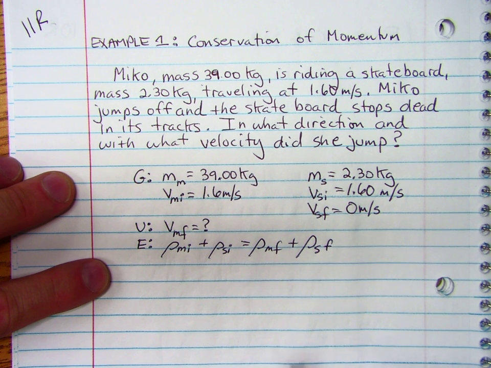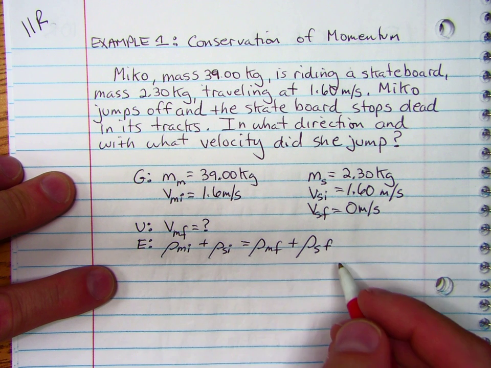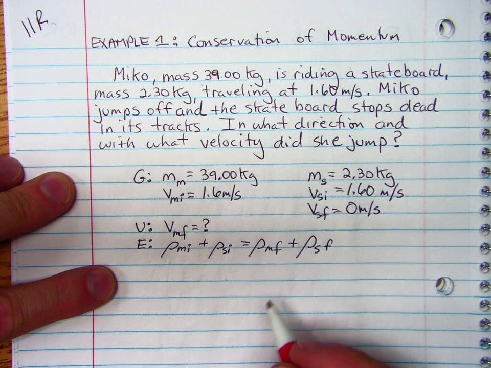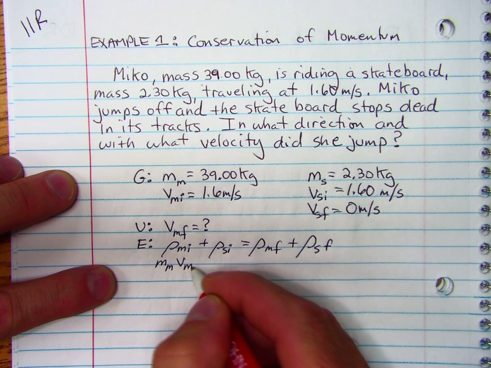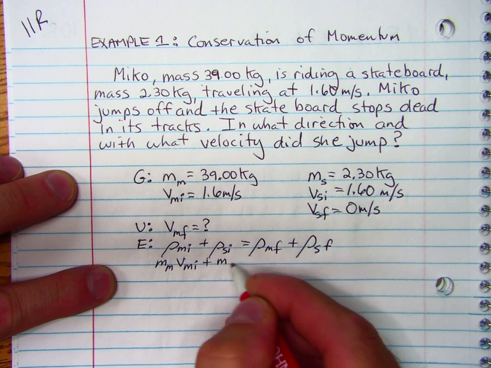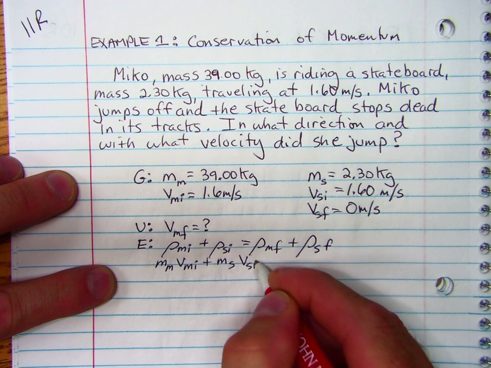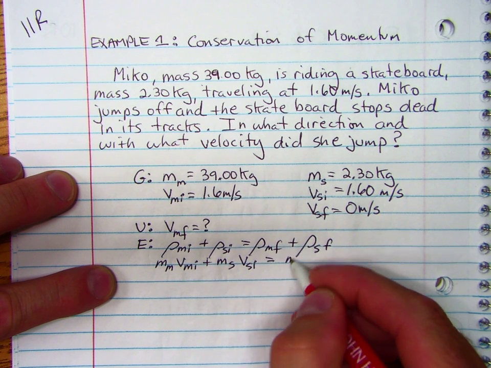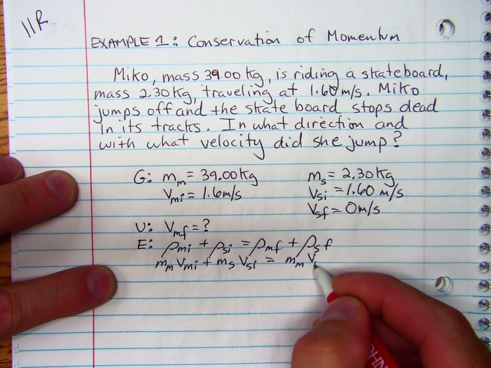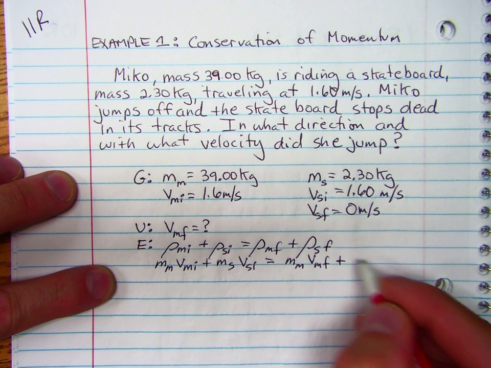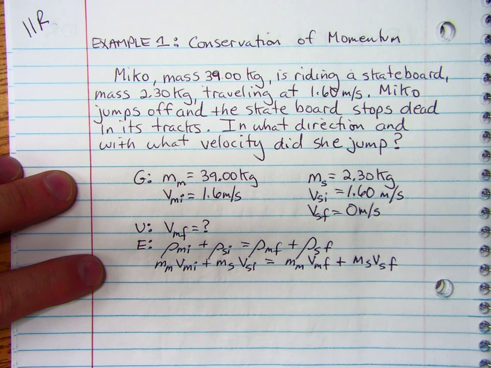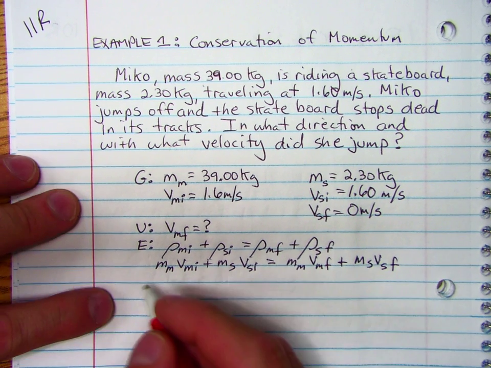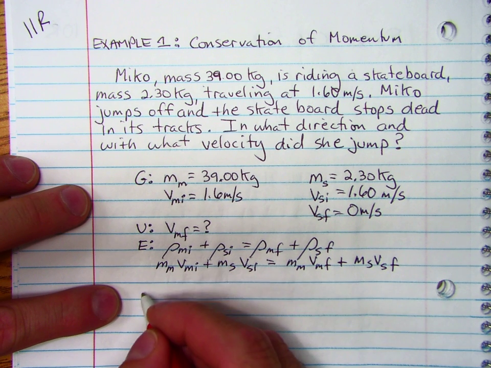Now I'm going to break this down for you, and you can write this equation, which is the same thing but broken down. We have the mass of Miko times the velocity of Miko initially plus the mass of the skateboard times the velocity of the skateboard initially equals the mass of Miko times the velocity of Miko finally plus the mass of the skateboard times the velocity of the skateboard finally. Okay. Now, we're going to write down our substitution.